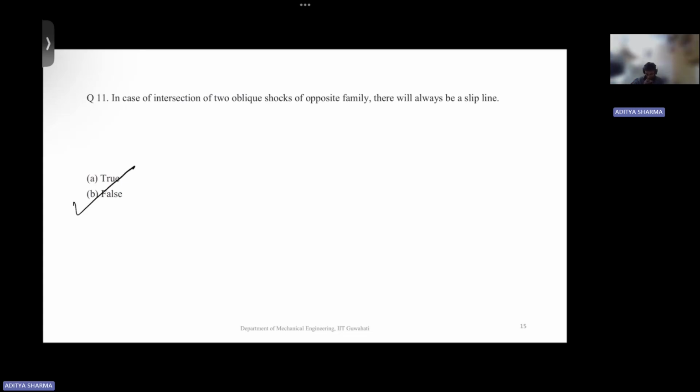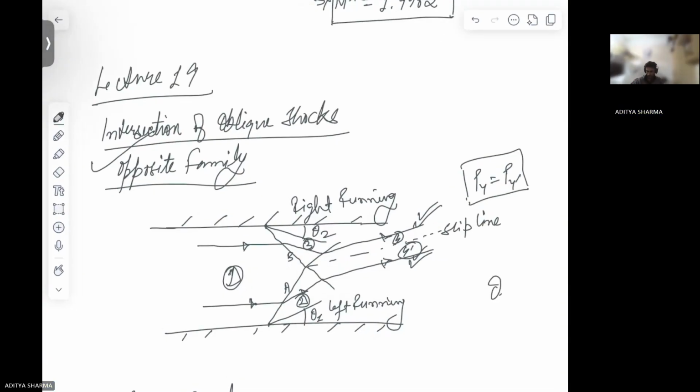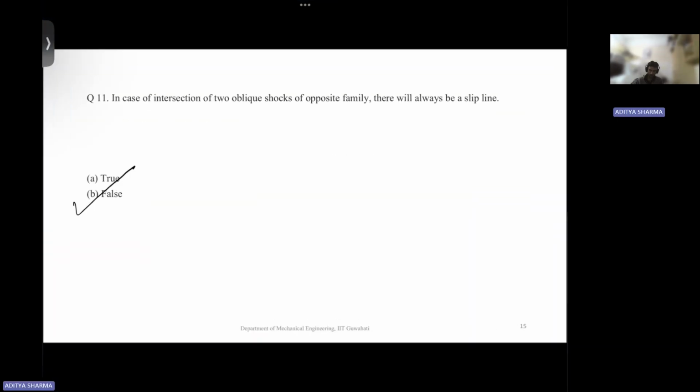Because if the two deflection angles are equal, theta1 equals theta2, you will not have a slip line, because the entropy changes are going to be the same for your refracted oblique shocks after intersection. So this is a false statement.